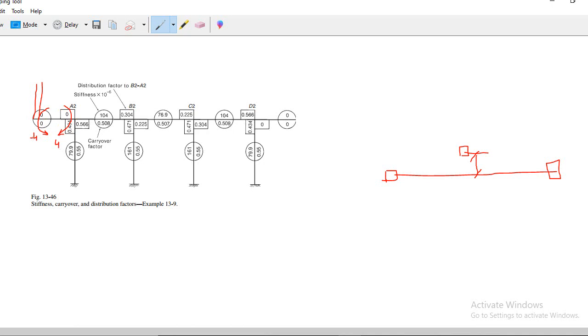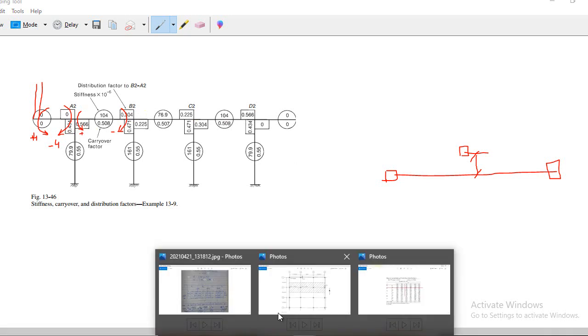Now you see this moment is positive, but this one will be shown as negative. Similarly, we have a moment right here, the fixed-end moment we already determined for A2 B2 from the formula. This will be denoted with a positive sign, but this moment will be denoted with a negative sign. Clear? Similarly for all the rest of the spans.